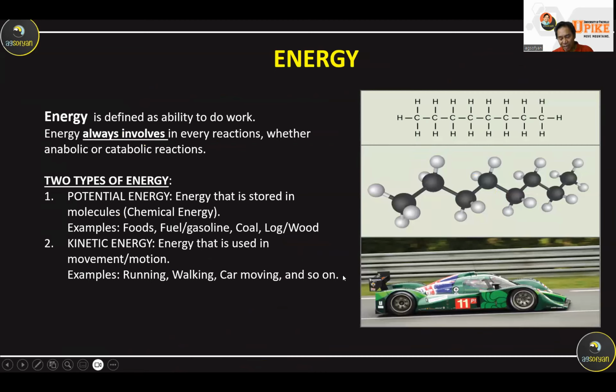Now, every reaction always involves energy, whether anabolism or catabolism. Remember, in anabolism, we need energy.